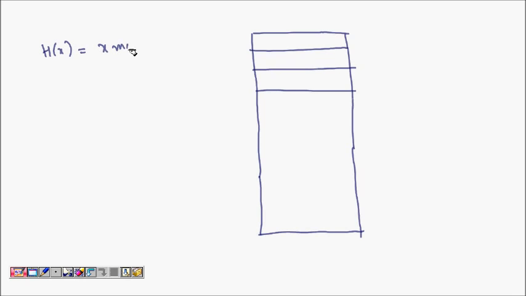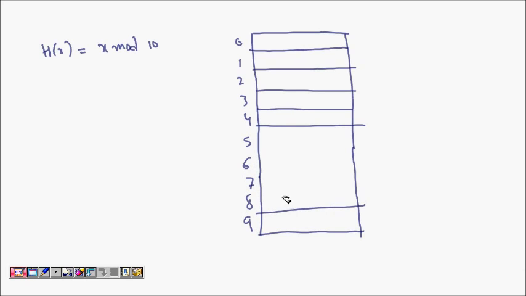Again, the same example I'm taking. So the cells 0, 1, 2, 3, 4, 5, 6, 7, 8, 9 are there in your hash table, and I have the inputs 10, 20, 30, 40, 50.